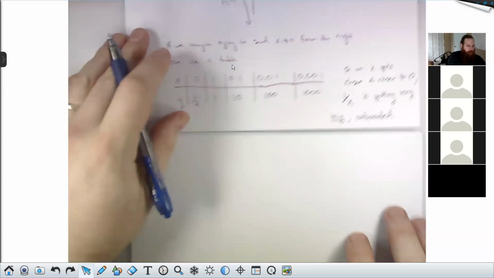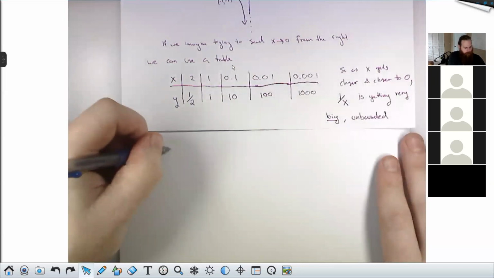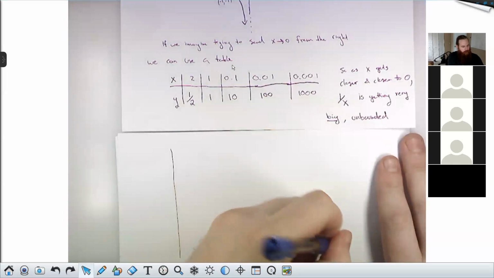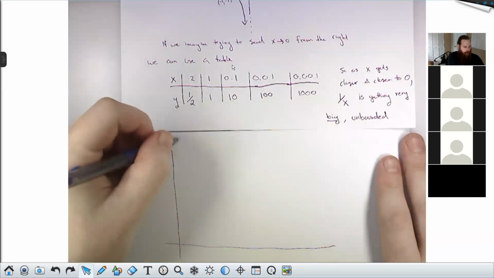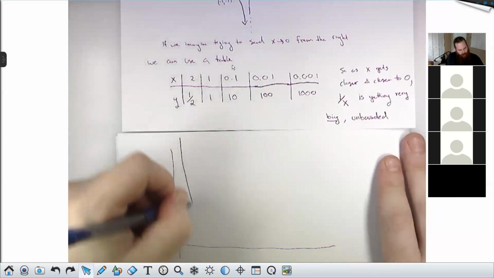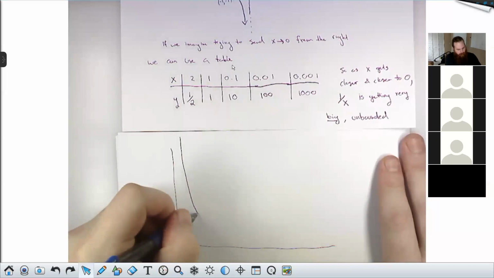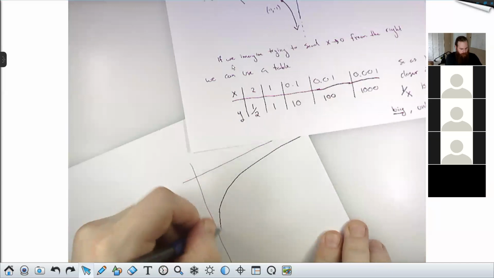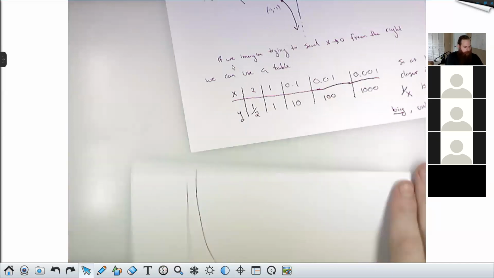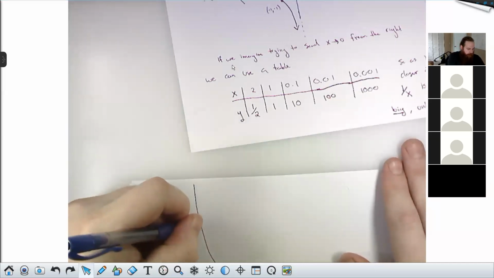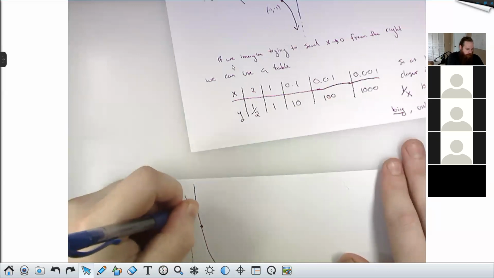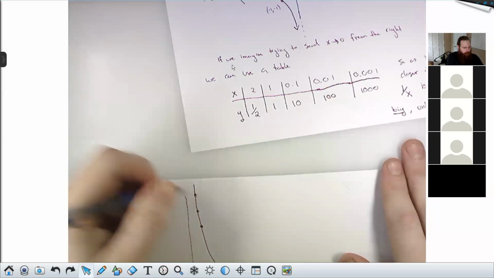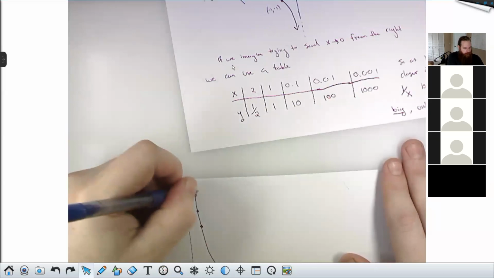If you tried to zoom in on what's going on there at that vertical asymptote, as we bring this point further and further to the left, it's going up higher and higher.